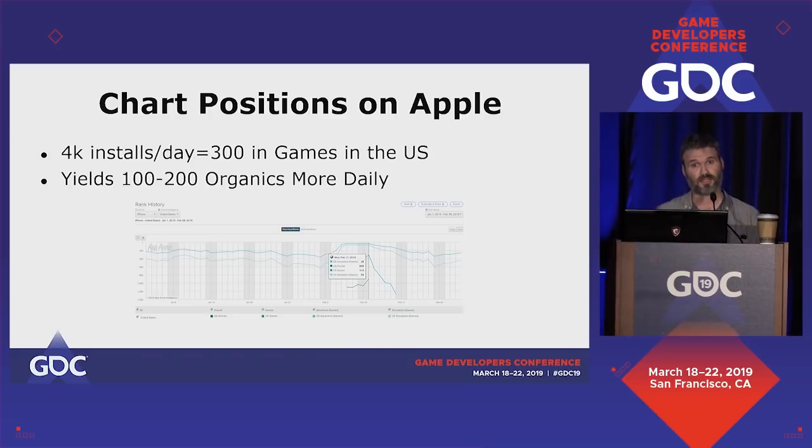So the current estimates to get to the top 100 in games is that, in the US, it requires 10,000 installs per day. And I'm not sure what organics look like there, but I know what the cost associated with 10,000 paid users per day is quite high.